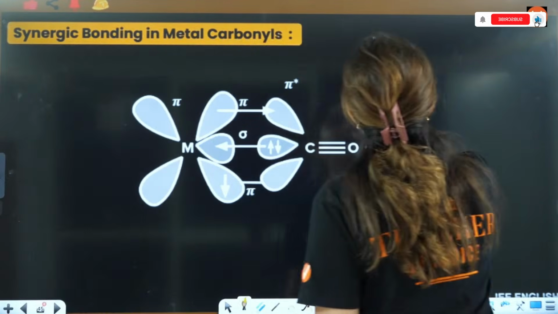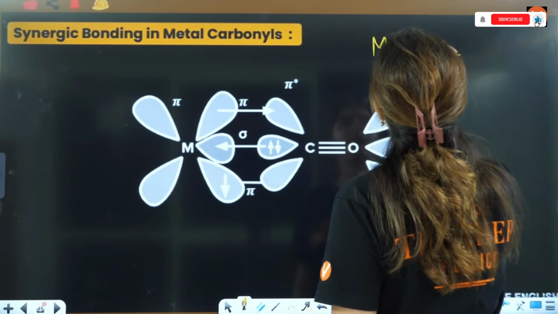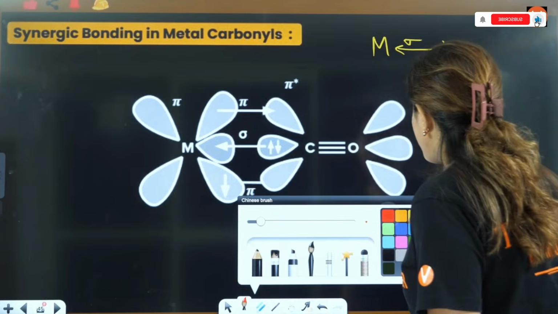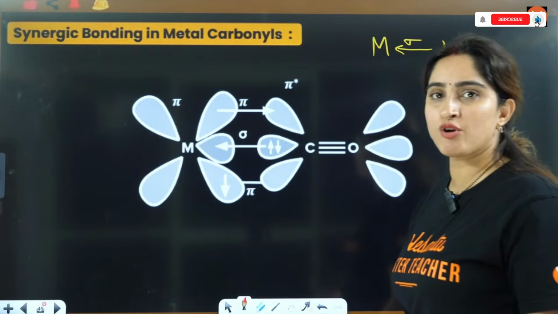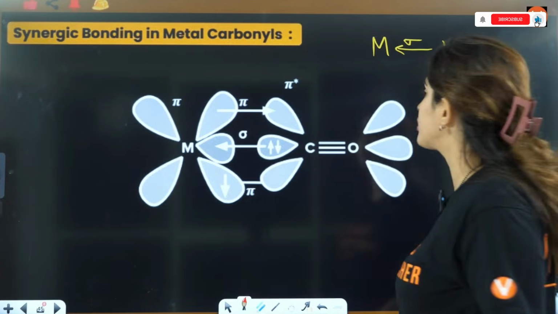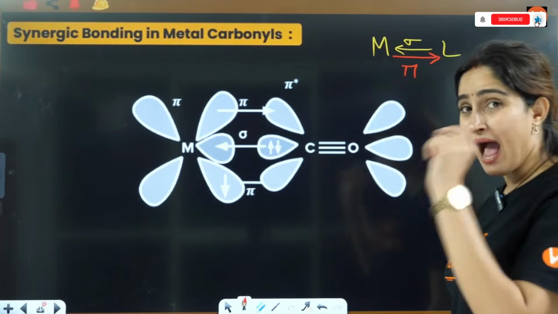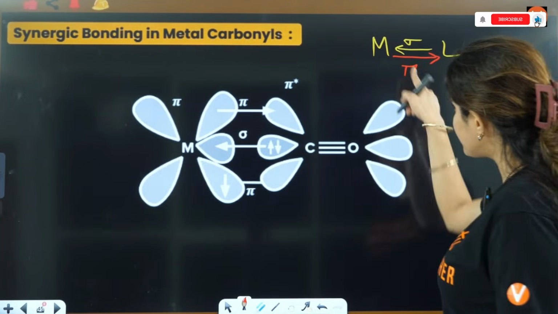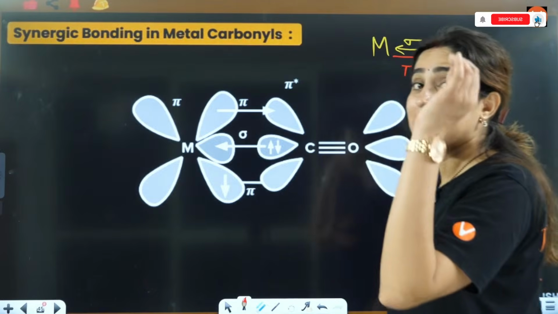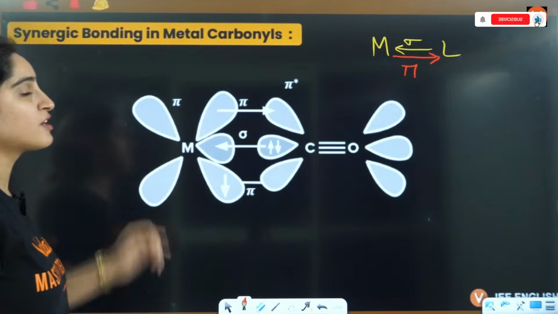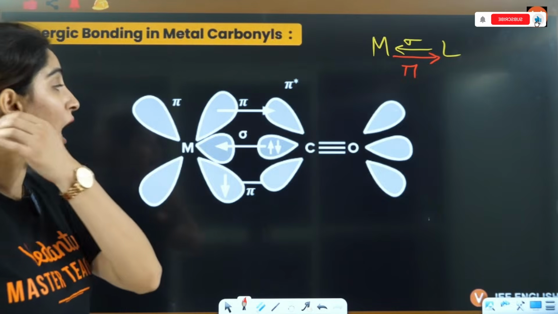So metal and ligand, they will have a sigma bond where ligand is donating to the metal. But metal will be like, bro, you are giving electrons to me, I also have d electrons, so I will also give electrons to you, and that is pi back bonding. This bonding that I have shown by red line is pi back bonding, synergic bonding for the carbonyl complexes, right?